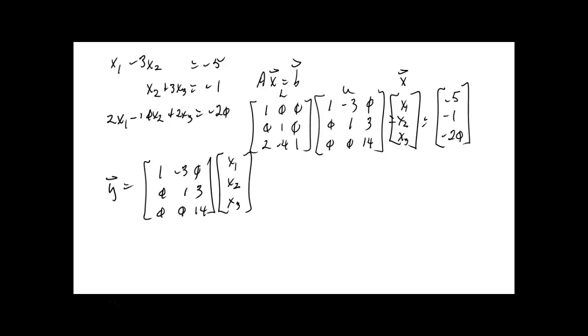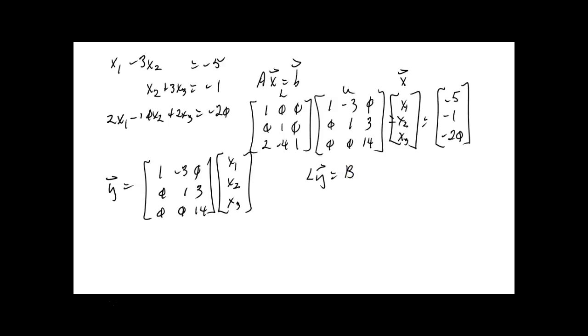Now, do we need to multiply that by the negative 5, negative 1, negative 20, or do we need to solve for x1, x2? So that's your y. The next step is Ly is equal to b.